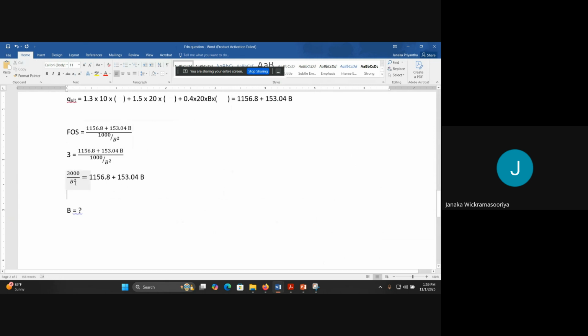Then I will multiply by this b squared, then 3000 is equal to 1156.8 times b plus 153.04 times b cube.